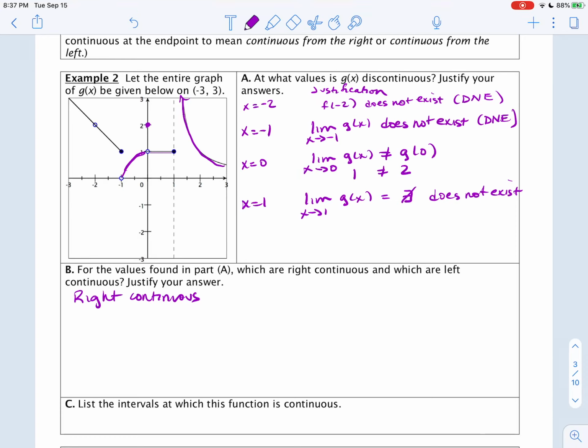But looking at x equal to -1, my limit is going to be 0, but my function output is going to be 1. And so I'm going to say no points. And at x equal to -2, we have no function output, so no values are right continuous.